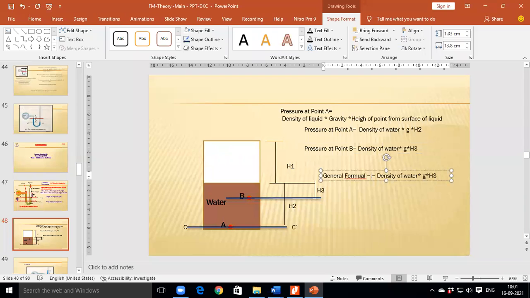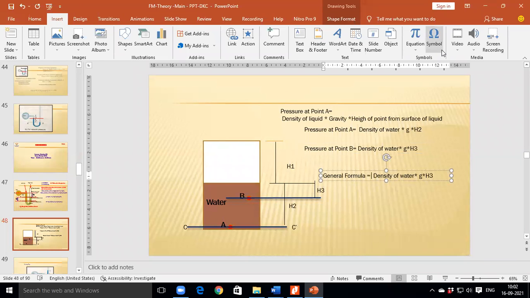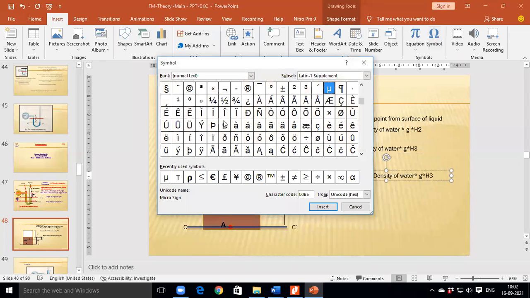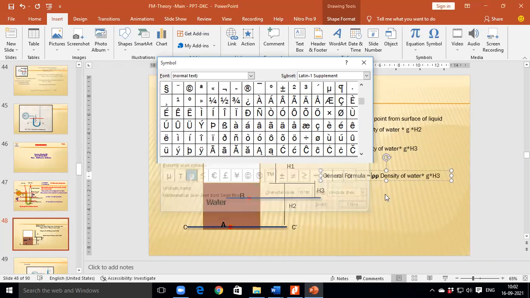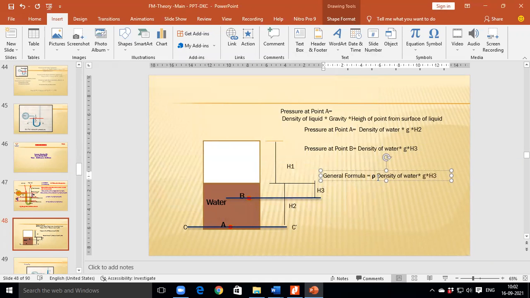General formula is equal to rho GH. Rho into G into H is a general formula to determine the pressure.